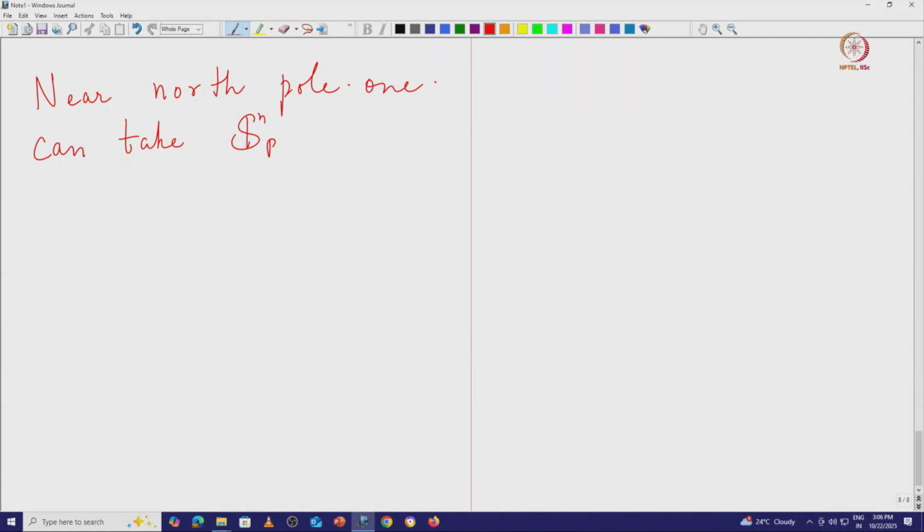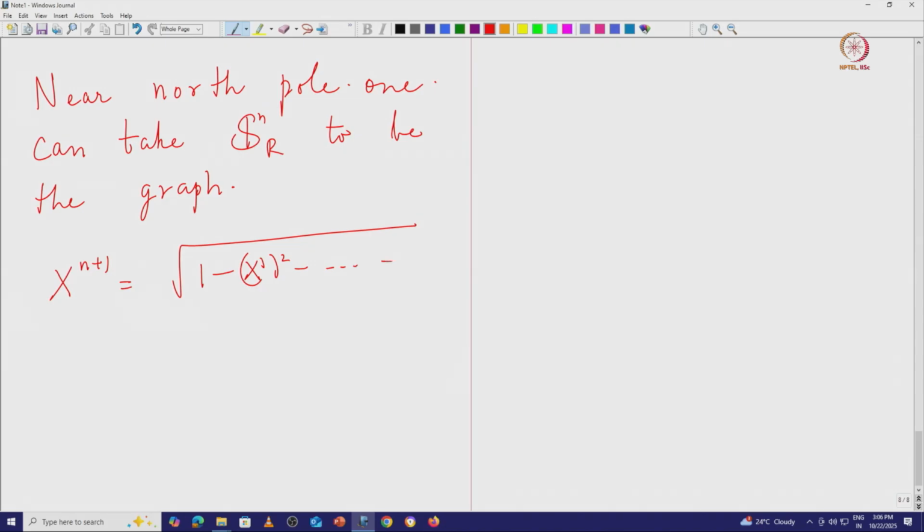So one can take the sphere to be the graph of the function where the (n plus 1)th component is given by the square root of r squared minus x1 squared, etc., minus xn squared. So in fact on the entire northern hemisphere you can write the sphere as a graph. So then one can use this to calculate what the metric coefficients should be, so that at the north pole one can easily compute the metric coefficients.